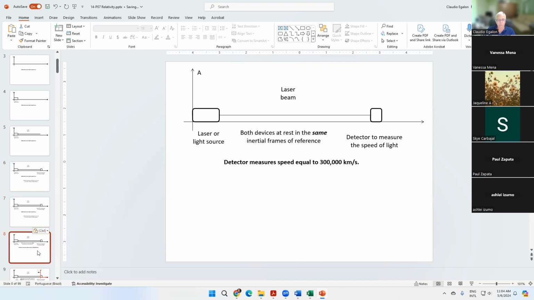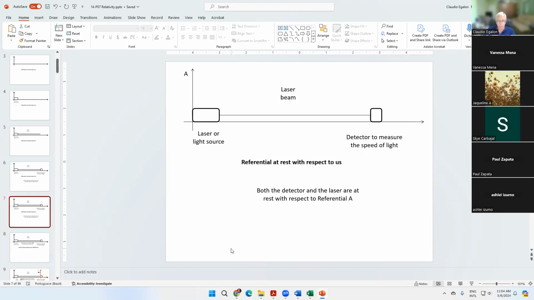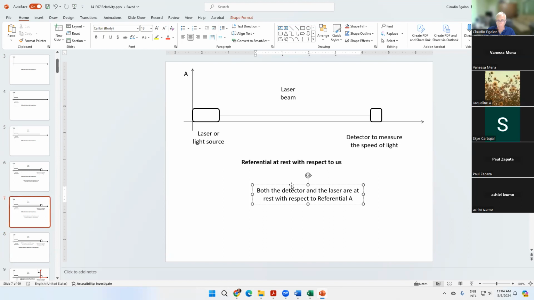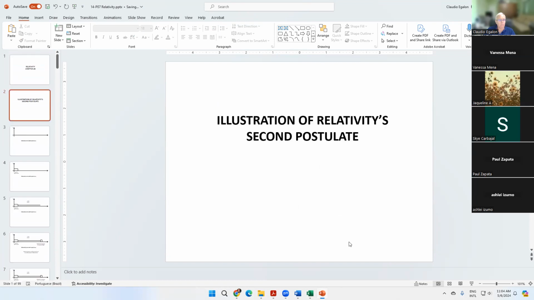What happens? The detector measures a speed equal to 300,000 kilometers per second. That's how the story goes, right?